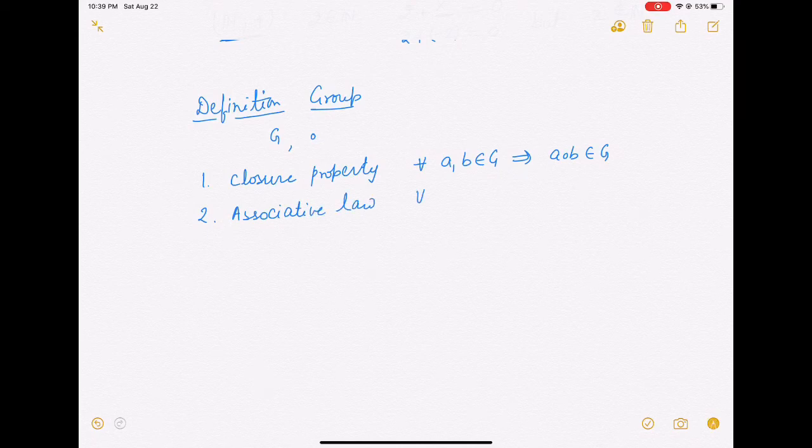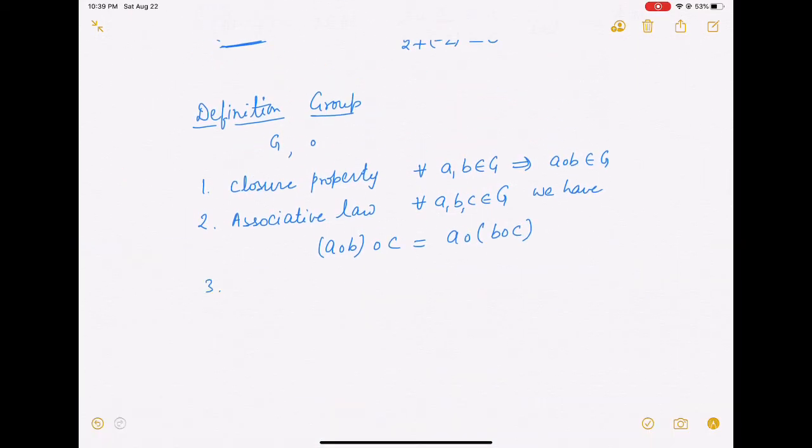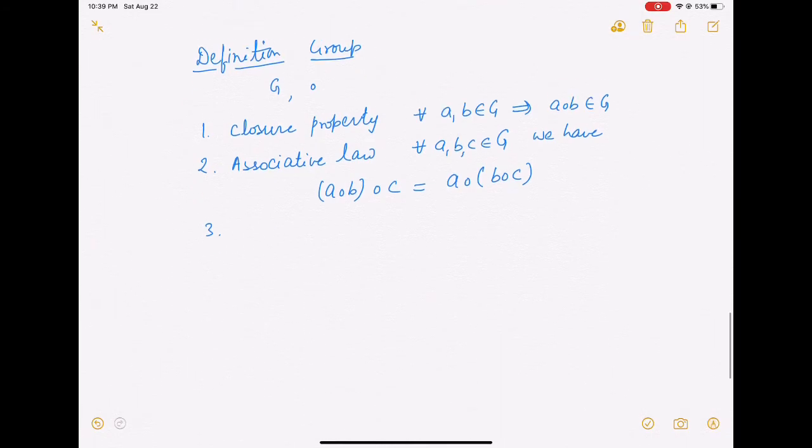This says for all A, B, C belonging to G, we have (A operation B) operation C equals A operation (B operation C). Next property is the existence of identity.